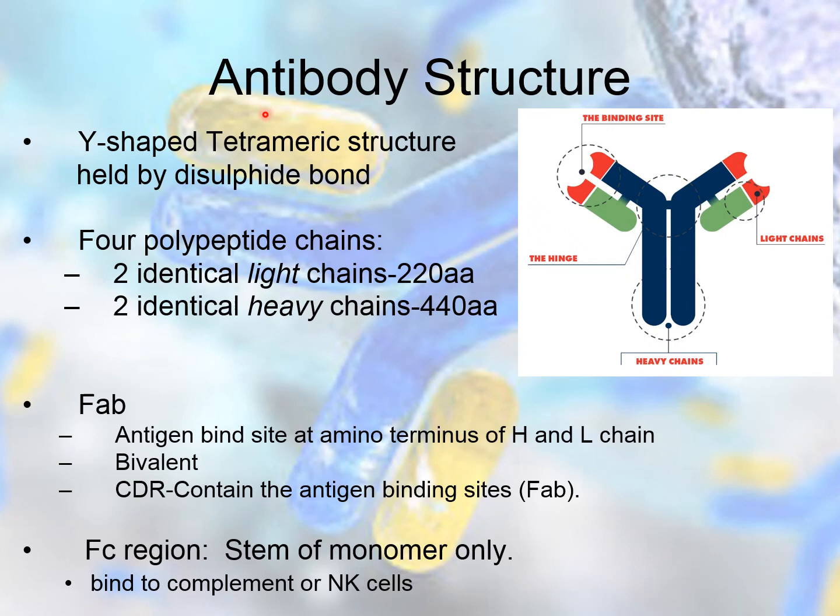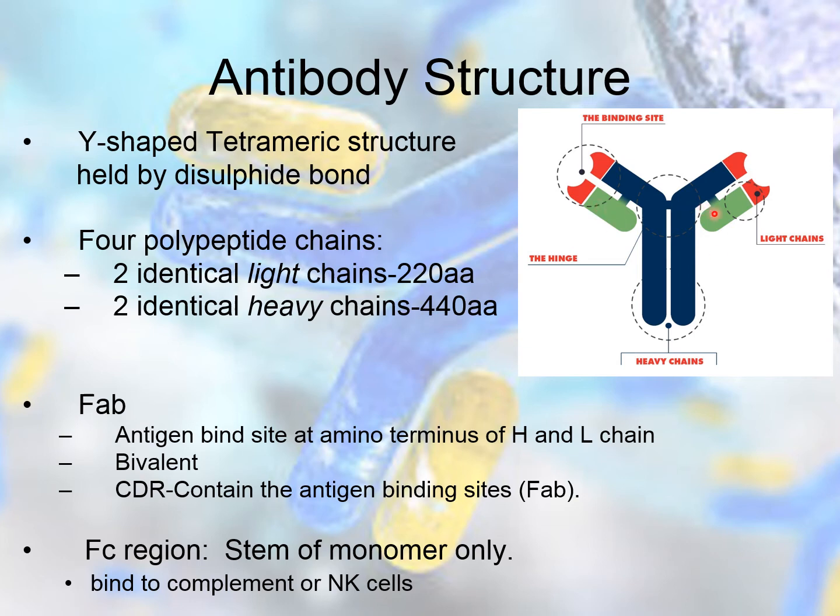Now let us study the structure of antibodies. All antibodies share a basic structure, that is a Y-shaped tetrameric structure as shown here, which is held by these disulfide bonds. So this Y-shaped tetrameric structure is composed of four polypeptide chains.